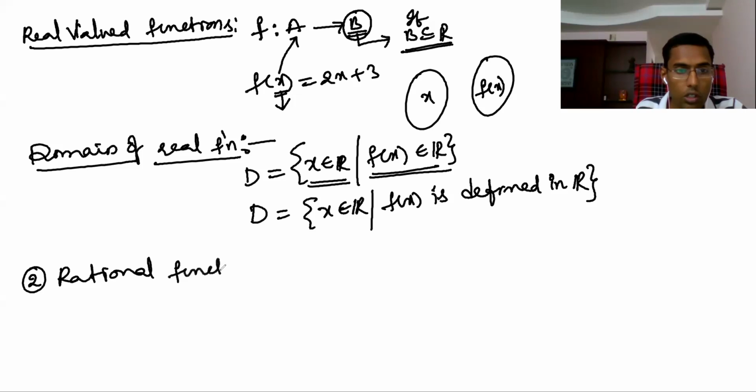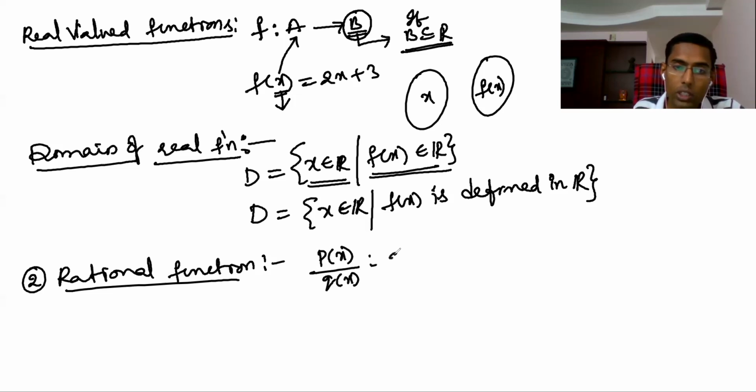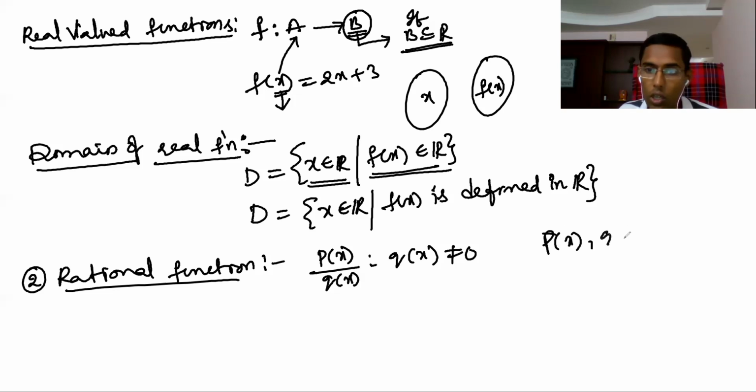Rational function. Okay, rational function means what? Rational function in the form of p of x by q of x, where q of x is not equal to 0. So here the function in the form of p of x by q of x, that is polynomial by polynomial. That is p of x, q of x are what?